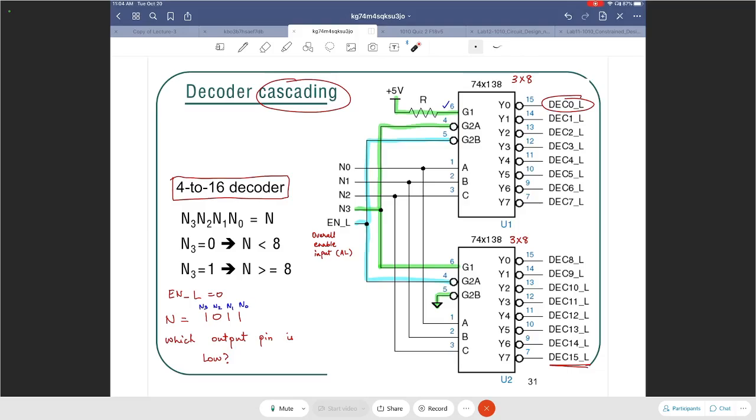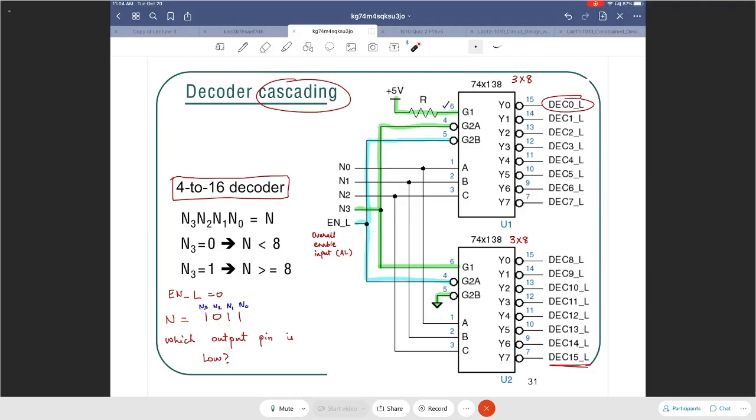Now next, let us take a look at what A, B, C are going to be. A, B, C are going to be N0, N1, N2. What are N0, N1, N2? N0 is 1, N1 is 1, and N2 is 0. So with respect to the bottom chip, it's going to be what? 3, right? 3 is the 0, 1, 1. That's the value.